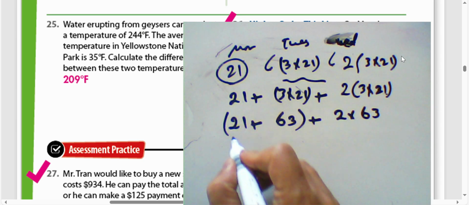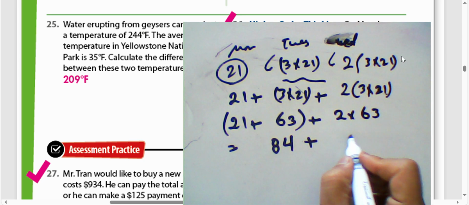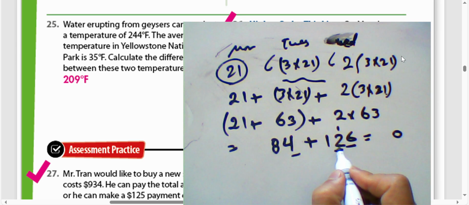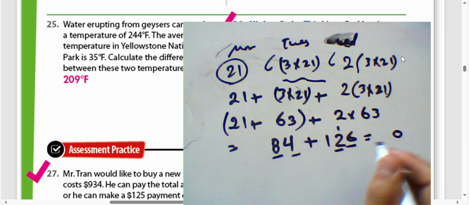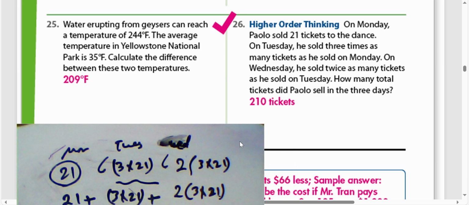We can add together here: 3 plus 1, 4, 6 plus 2, 8, and 3 times 2, 6, 2 times 6 equals 12, 6 plus 4, 10, write 0 and carry 1, 2 plus 1, 3, 3 plus 8, 11, 1 and carry 1, 1 plus 1, 2. Then the result will be 210 tickets.